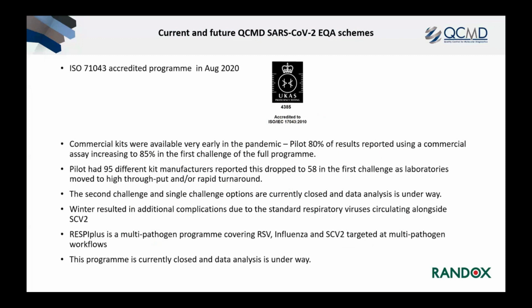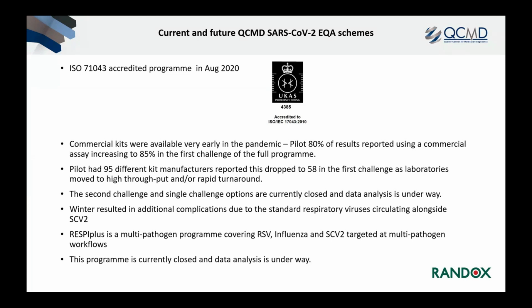So, looking at the current and future schemes, our current and future schemes are all ISO accredited. Well, I don't know what standard that is, but the RO is ISO 17043 accredited, and this accreditation was granted in August 2020.